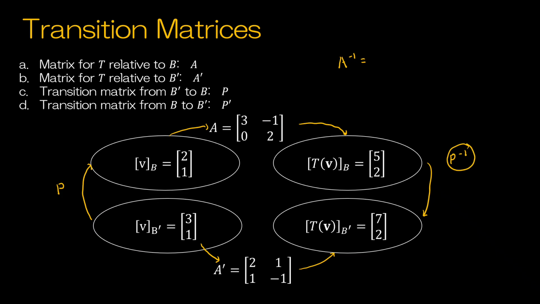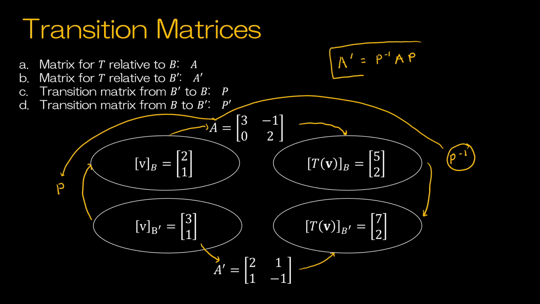I know P inverse if I know P because I know how to find the inverse of a matrix. So if I take P inverse times A times P, that will in fact give me not A inverse, but A prime. That is what we're going to be working on in this lesson and moving forward into chapter 7 with eigenvalues and eigenvectors.